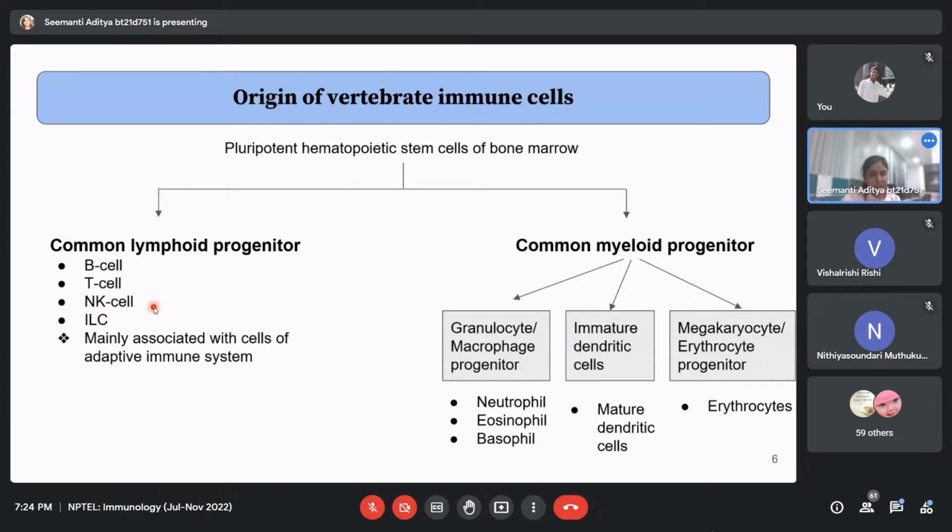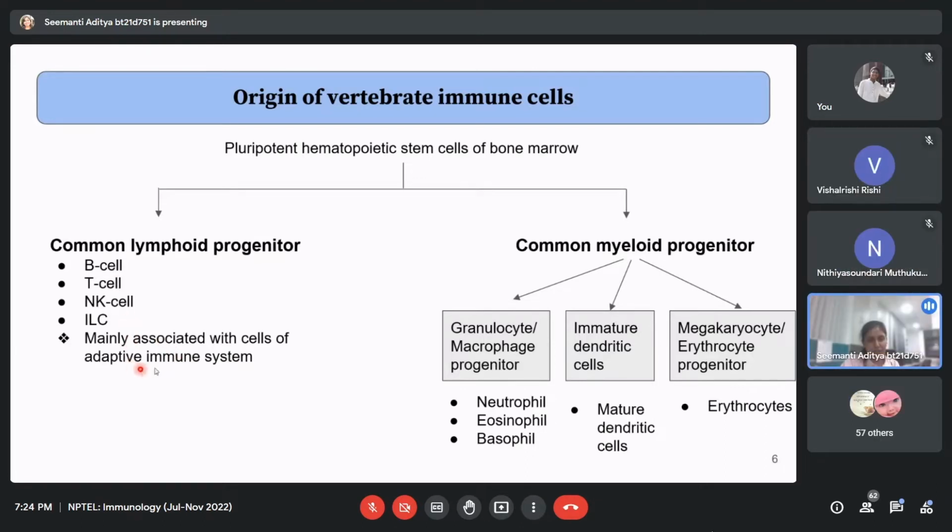And ILC is the innate lymphoid cell. So from this common lymphoid progenitor, B cells, T cells, NK cells, etc., are mainly associated with the adaptive immune response. B cells and T cells are associated with adaptive immune response, although NK cells and ILCs to some extent are also responsible for the innate immune response.